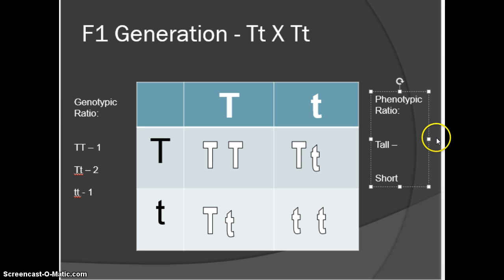So how many of them have the tall allele? If we look in here, we have 3 that end up with the tall allele and only one that has both of the recessive short alleles. So we have a 3-to-1 ratio of our offspring when we crossed our hybrids.